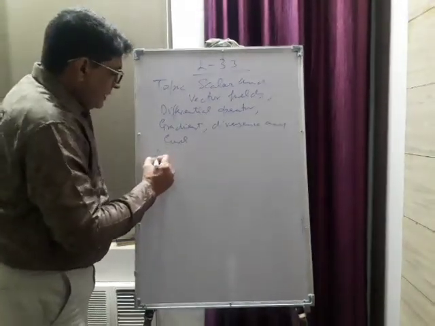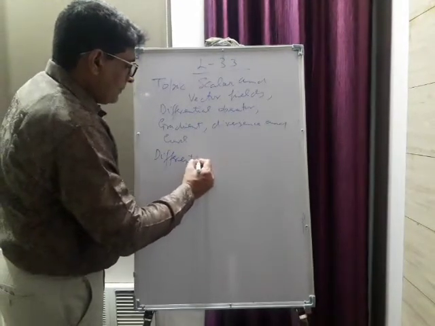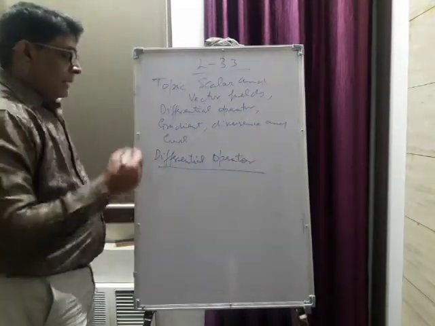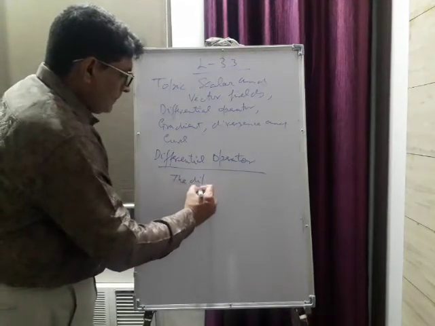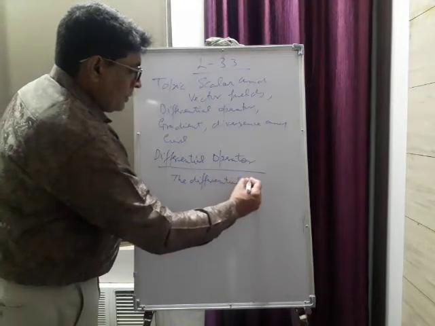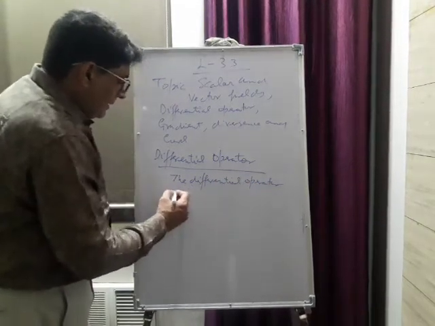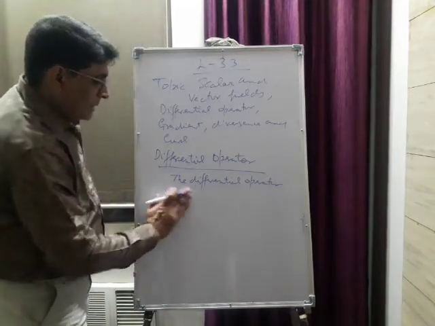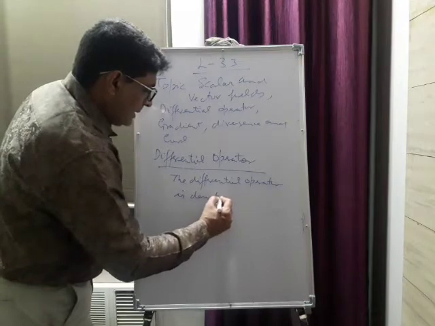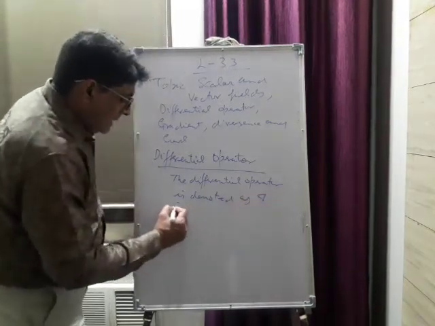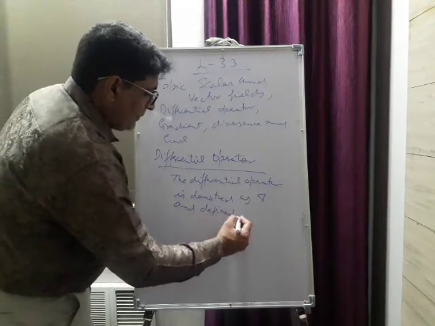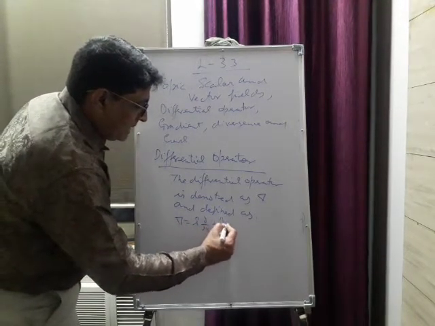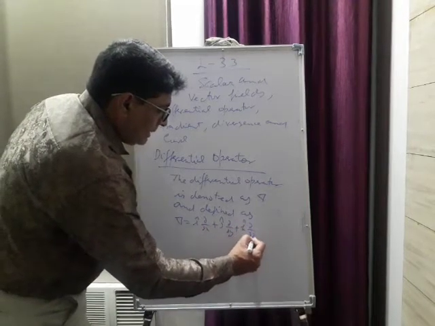Now, differential operator. The differential operator is denoted as del and defined as del equal to i cap del over del x plus j cap del over del y plus k cap del over del z.